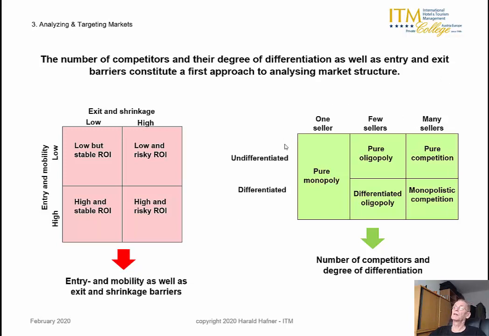The next structural aspect is the new entrants and exits from a market. Obviously, we distinguish between entry and mobility barriers and exit and shrinkage barriers. The major entry barriers are, for example, high capital requirements.